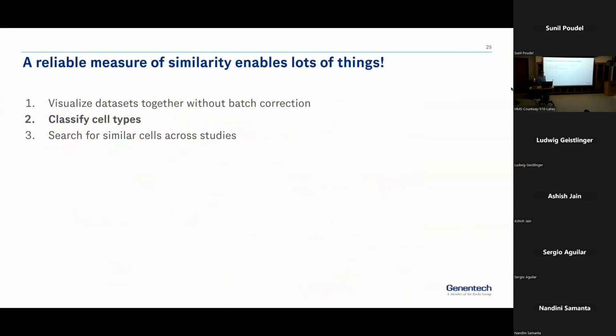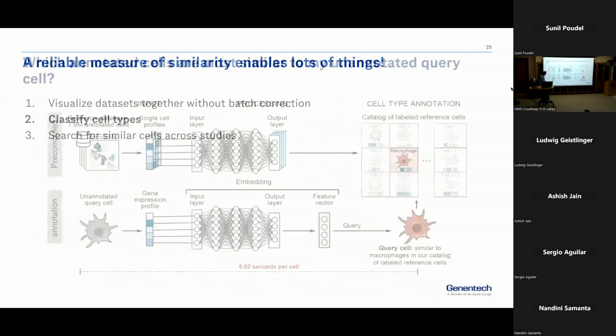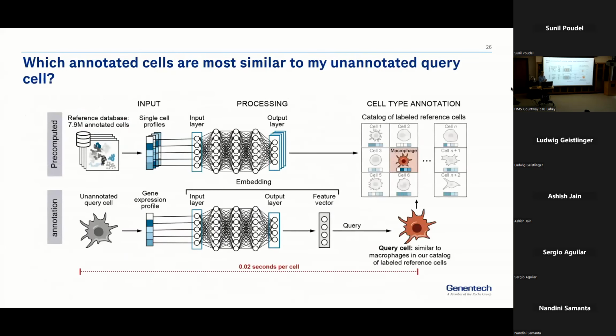I think the visualization is probably the least interesting application. More interesting, in increasing order, is classifying cell types. And this is actually a fairly straightforward problem once you have a measure of similarity.